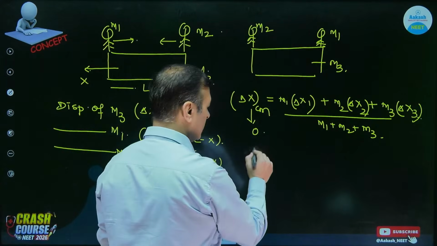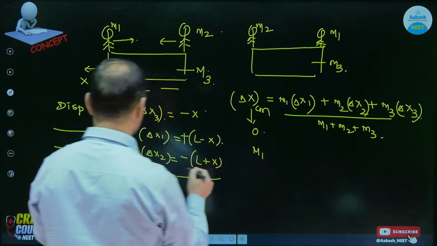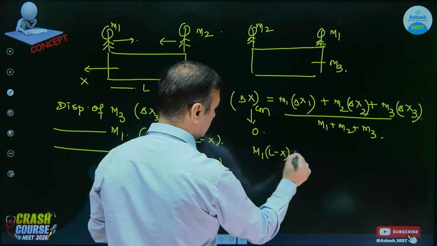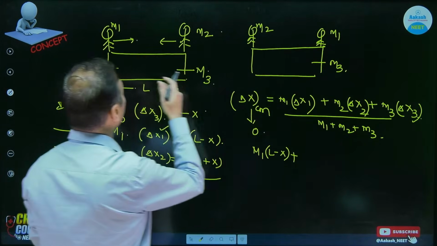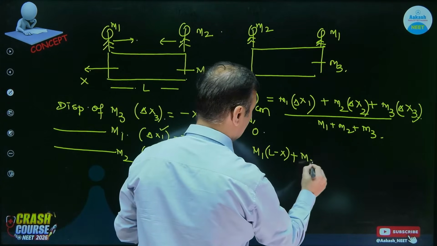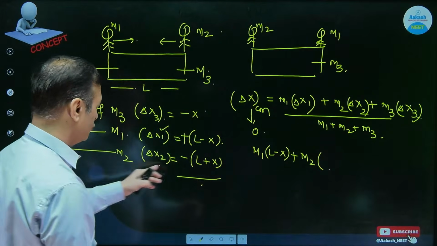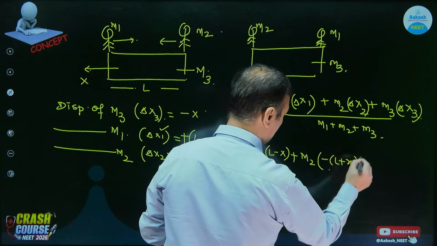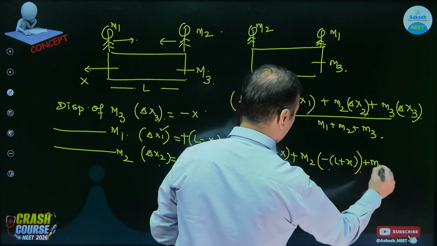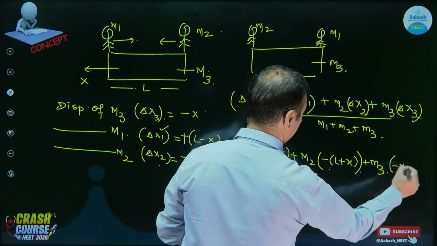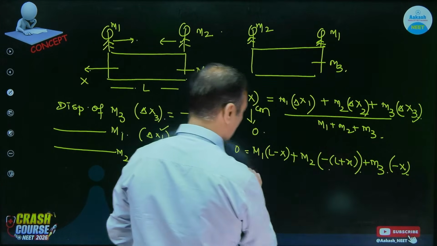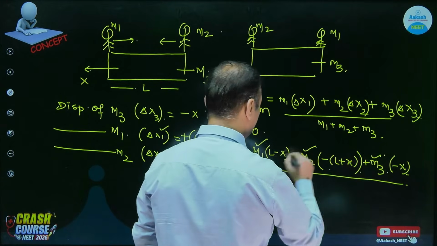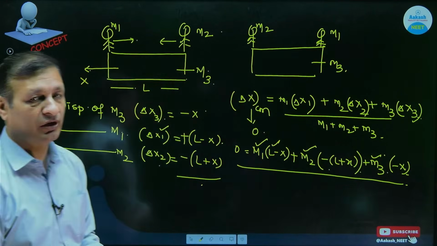So we put m1 delta x1, where delta x1 is L minus x, plus m2 delta x2, plus m3 delta x3, which is towards the negative side, and this is equal to 0. When you know m1, m2, m3 and L, you can extract the value of x.